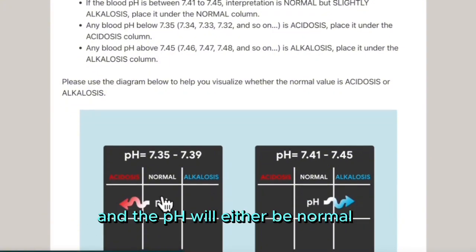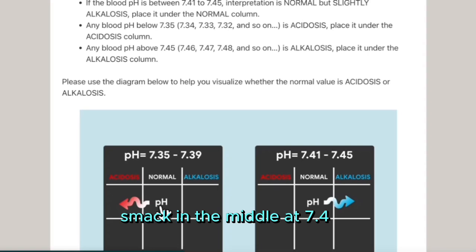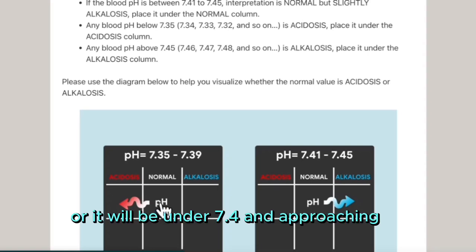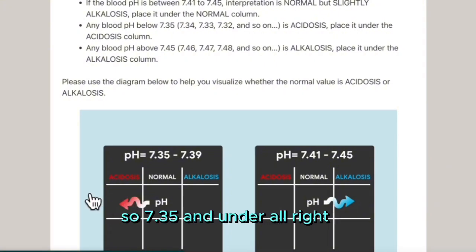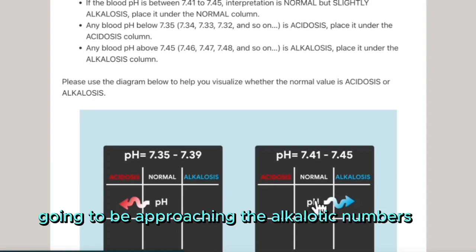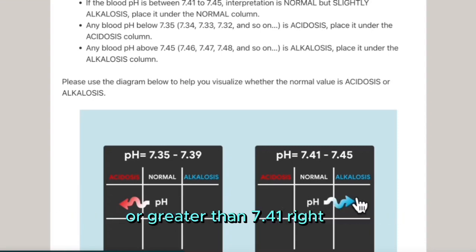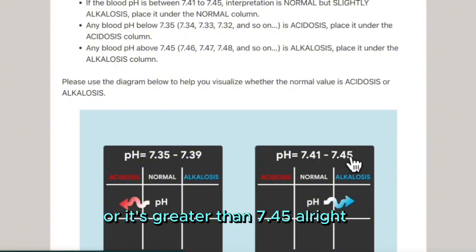The pH will either be normal, smack in the middle at 7.4, or under 7.4 and approaching the acidotic numbers, so 7.35 and under, or approaching the alkalotic numbers, greater than 7.41, or greater than 7.45.